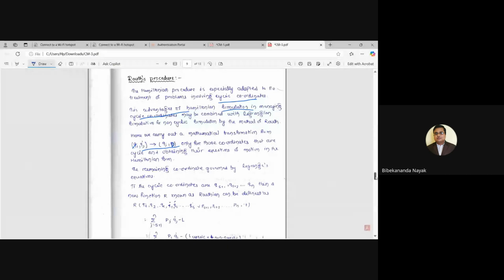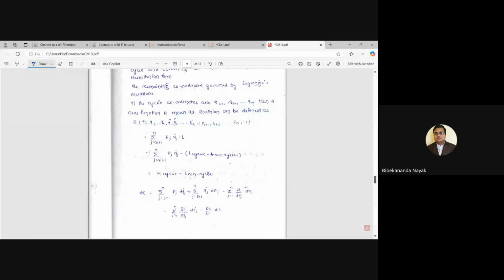That is the procedure. So, the Routhian: assume the cyclic coordinates are q(s+1), q(s+2), ..., qn, and the non-cyclic are q1 to qs. Then a Routhian can be constructed, which is a function of q1 to qs, q1 dot to qs dot, p(s+1) to pn, and t.